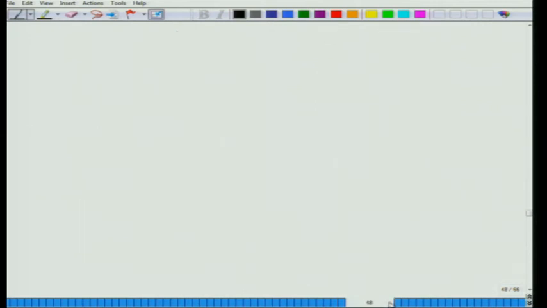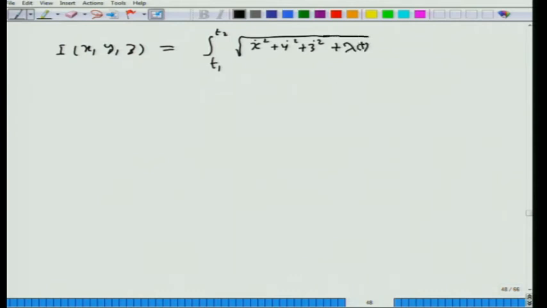So, here we get this I of x y z as the integral from t 1 to t 2 of square root of x dot square plus y dot square plus z dot square plus lambda t times x square plus y square plus z square minus a square dt.